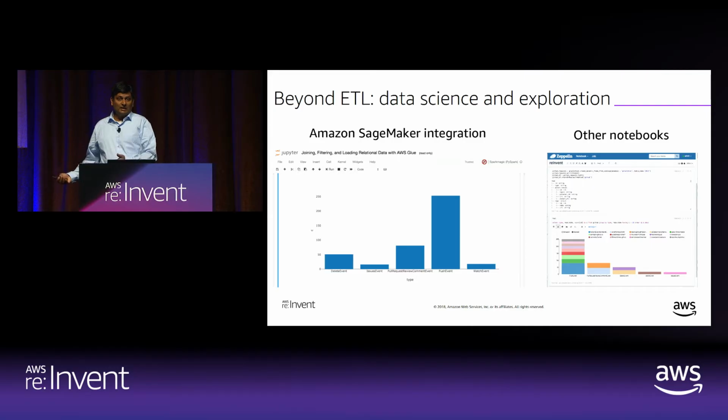We found you using that a lot. And so what we did is we actually added integration with Amazon SageMaker notebooks. And so now if you want to do data science and data exploration, you can do it seamlessly without ever spinning up a server, completely managed by AWS.